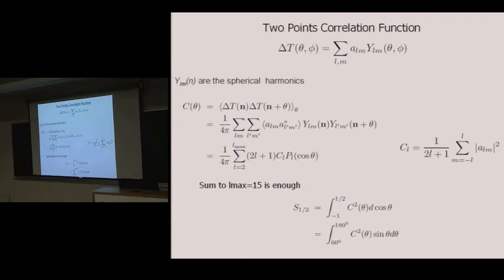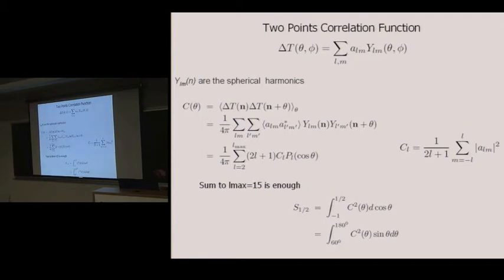If you have a CMB map, in which you have a temperature fluctuation as a function of angle on the map, so delta T as a function of the theta and phi angles on the spherical two-dimensional map, then this map can be decomposed into the a_lm using the spherical harmonic functions Y_lm.